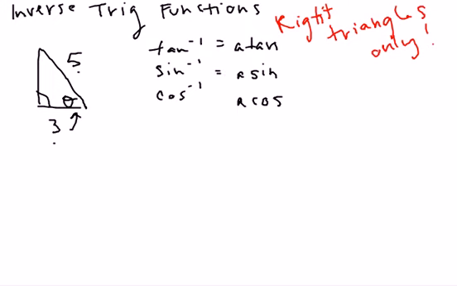These are the same thing. Depending on the age of your calculator, who made it, they might write them one of these ways. The whole point of these is that they undo your sine, cosine, and tangent. Just as subtraction undoes addition, or division undoes multiplication, these undo your sine, cosine, tangent.